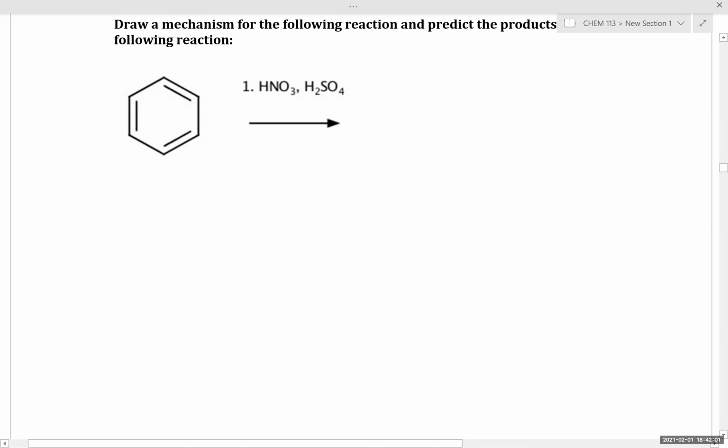And again, don't be shy to share your proposed mechanism in the chat or verbally. And I'd like to see a few annotated mechanisms shared for this electrophilic aromatic substitution mechanism.